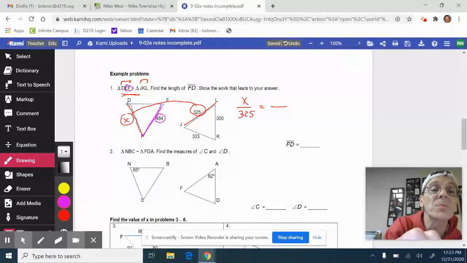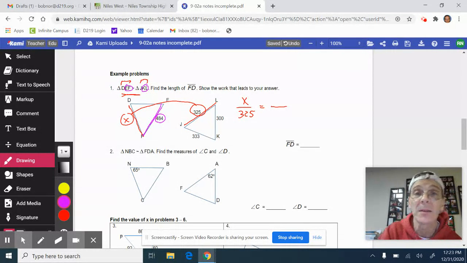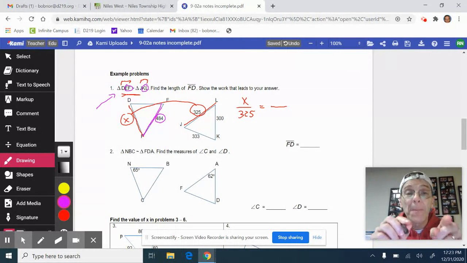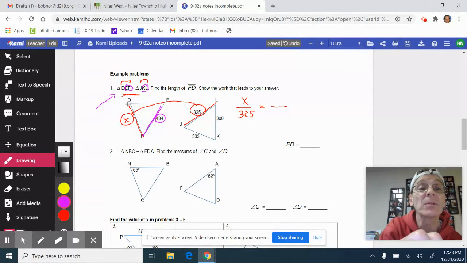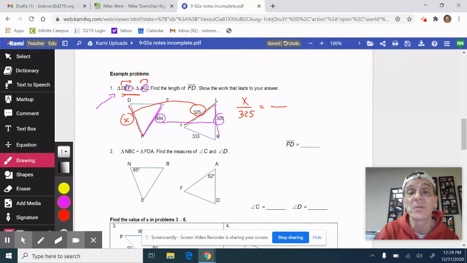That must correspond to segment KL because of the order of the letters. You see, you must look at the names of the triangles in that statement. There's no way looking at the picture without the names that I've given you that you are going to know that EF corresponds to LK, and that DF corresponds to JL.